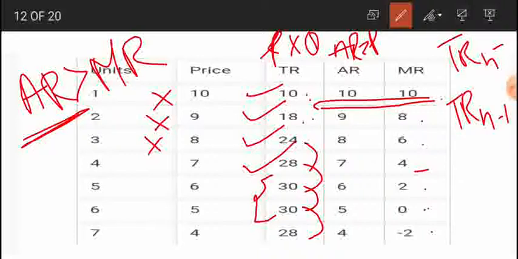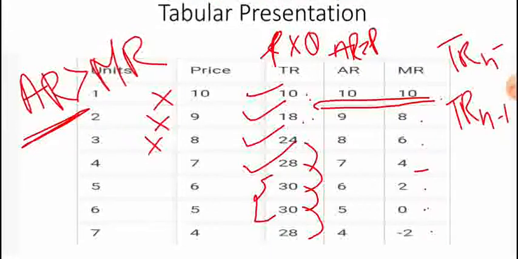Number 1, as long as MR remains positive, TR increases at diminishing rate. Number 2, when MR is 0, TR is maximum. Number 3, when MR is negative, TR starts decreasing. Clear? So this is about the relationship between AR and MR.